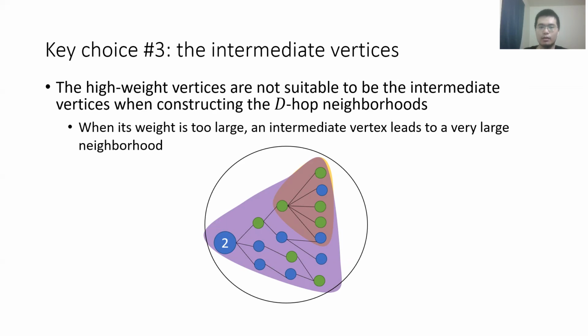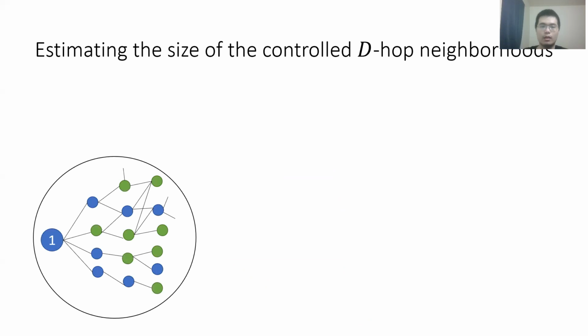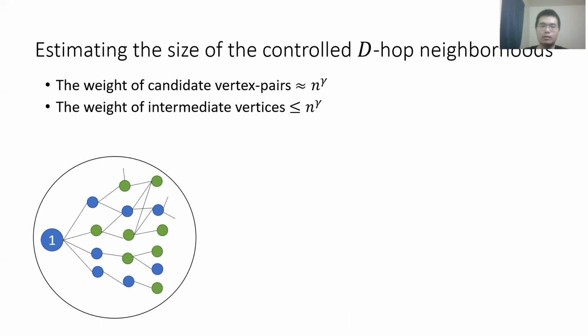Thus, it's important to avoid them. In our scheme, we use only intermediate vertices with weight no larger than n to the power of gamma. To sum up, we choose the weight of the candidate vertex pair about n to the power of gamma, the weight of the intermediate vertices no larger than n to the power of gamma, and the weight of the seed about 1.